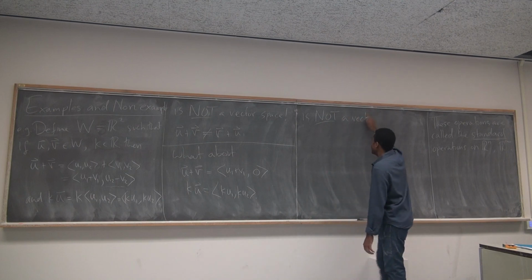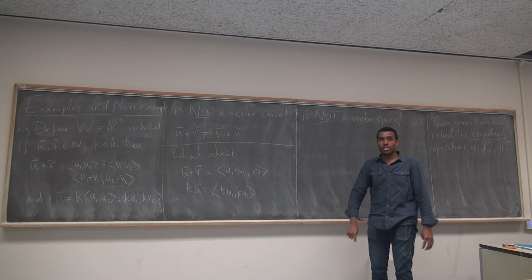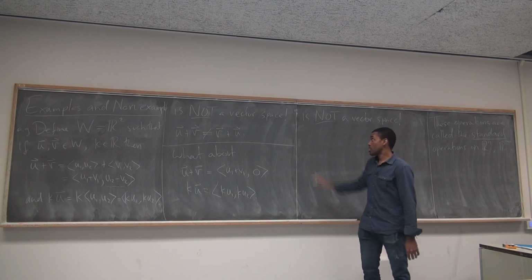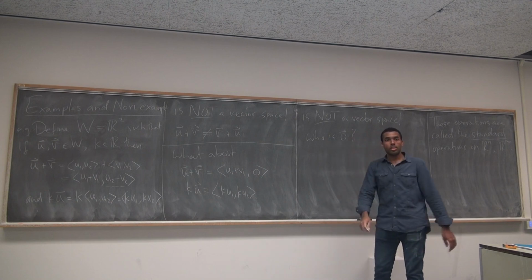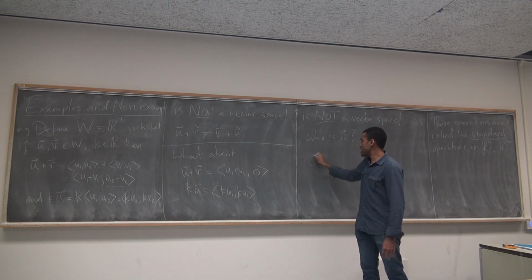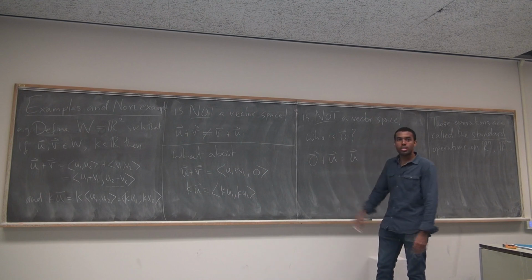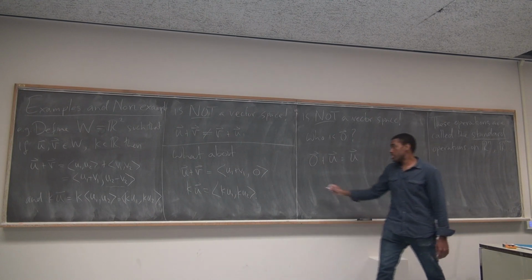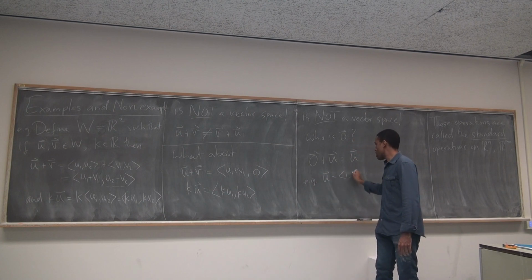Why? Because if it's 0... who is 0? Tell me what element I can take and add to u and get back u itself. Let's say my u was the vector 1, comma 1.